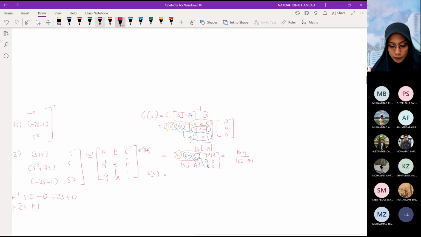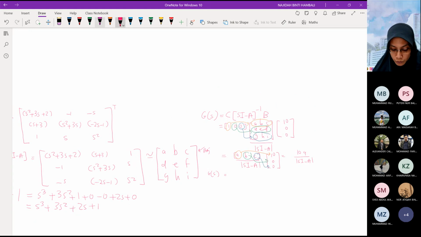So 10A ialah, you darab terus, 10s squared plus 30s plus 20, divided by the determinant. So this is your transfer function in the s domain based on the given state space equation in the question.